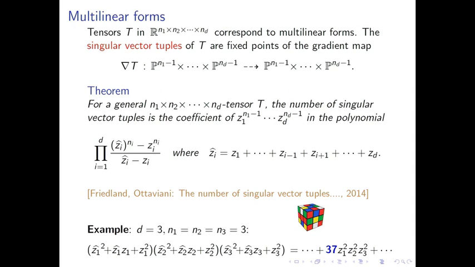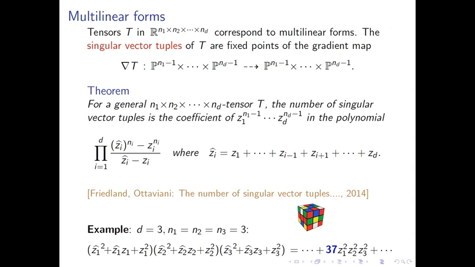If D is 3 and the ni are all 3, then this formula says I have a generating function in 3 unknowns, z1, z2, and z3. The expression is simply zi hat squared plus zi hat times zi plus zi squared. You multiply this out. The distinguished monomial that we're interested in is z1 squared, z2 squared, z3 squared, and the coefficient is 37.